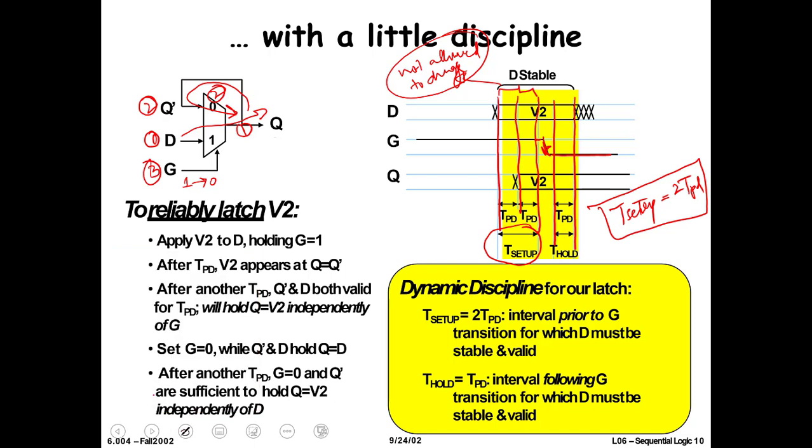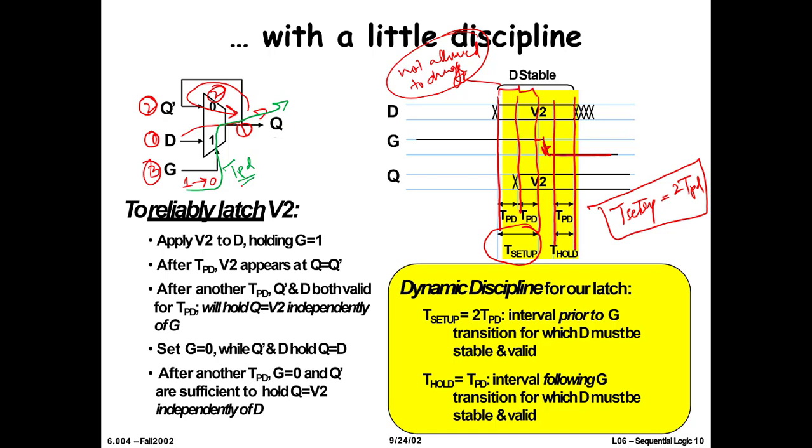So this information will propagate along the circuit. Okay, and again this will take another TPD time, the green. So during this time, you are not allowed to change D. Okay, so there should be no point in time in which G and D are changed at the same time.